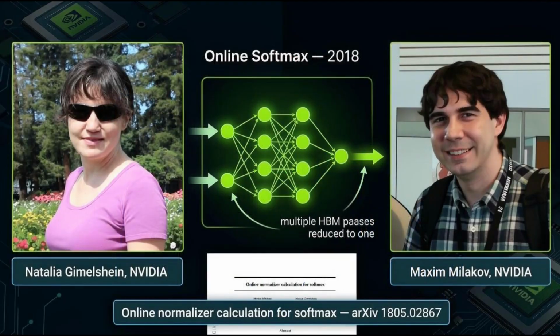To fix the repeated HBM memory issue in safe softmax, Maxim Milakov and Natalia Gimelshein came up with the online softmax algorithm in 2018 while working at NVIDIA. In this way, they found a way to compute the maximum and the normalization factor together.